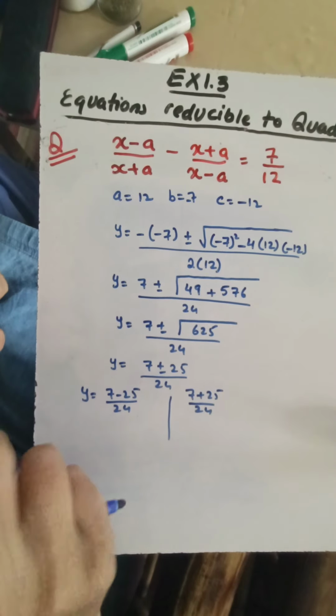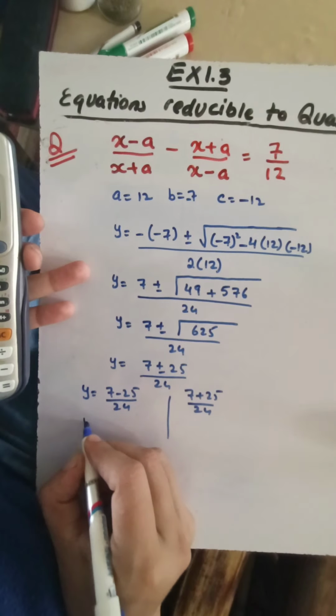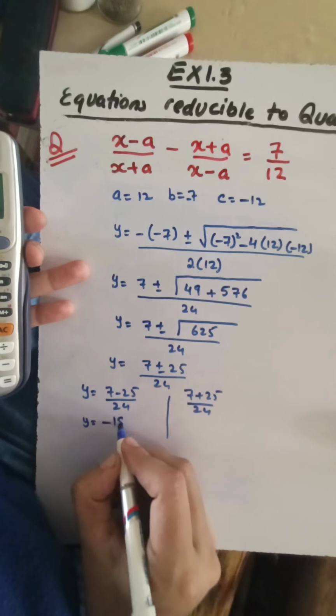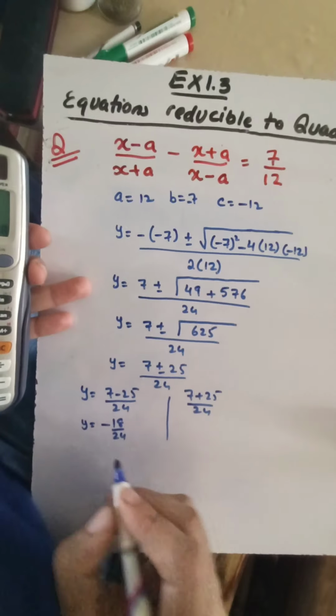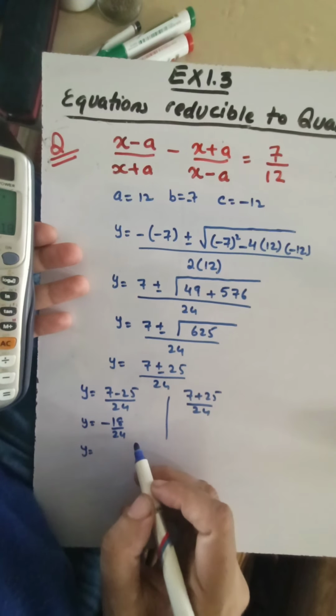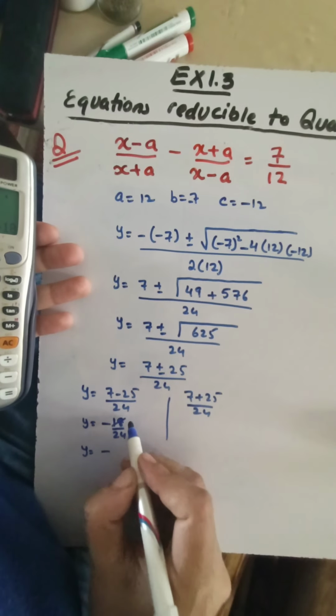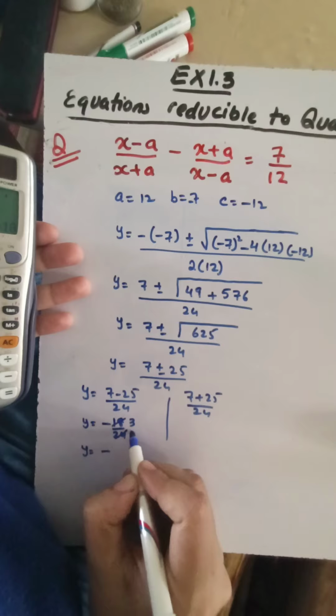Okay, 7 minus 25 is equal to negative 18. Negative 18 by 24, if I cancel it by 6, 6 3s are 18 and 6 4s are 24.